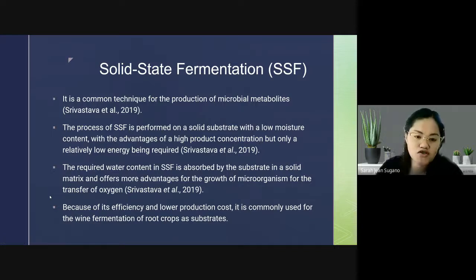Most of the products produced by solid state fermentation are the tempeh, the soy sauce, the natto, the miso. These are Japanese products, the miso, the natto, and the tempeh in Indonesia. And then fermented rice, and then the Japanese wine, which is the sake.